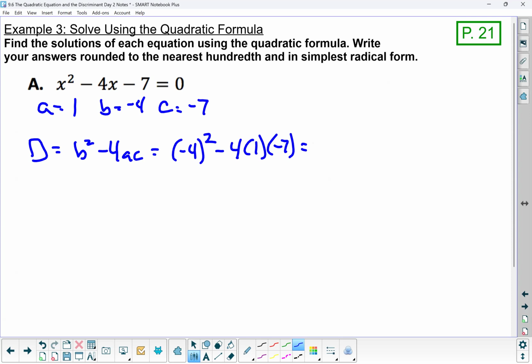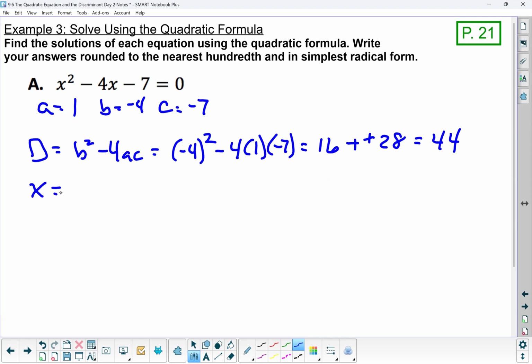Negative 4 squared is 16. Minus 4 times 1, 4 times negative 7 is negative 28. So I have minus a negative, that's the same as plus a positive. If I add those together, I get 44. So our discriminant is greater than 0. It's positive. That means we are going to have 2 roots, 2 solutions.